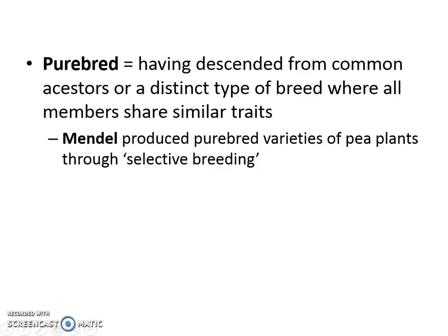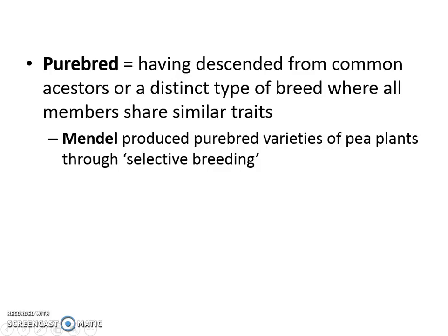Mendel produced purebred varieties of pea plants through selective breeding. Let's say he wanted to get plants that were purebred tall. He bred a bunch of plants together, and some came out tall, some came out short. He would get rid of all the short ones, and then rebreed all the tall ones again.